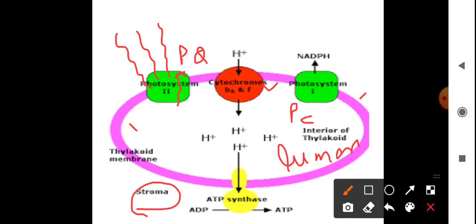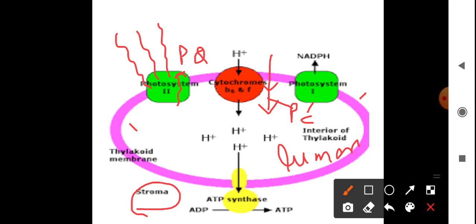When the electron passes through cytochrome it loses energy, and cytochrome uses that energy to pump a pair of protons from the stroma into the lumen of the thylakoid, and then the electron is passed to the electron carrier plastocyanin, and from plastocyanin it is passed to photosystem 1.